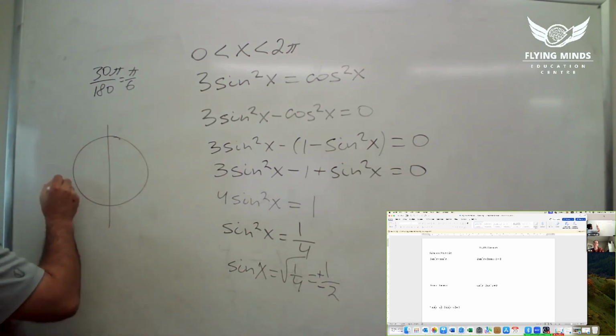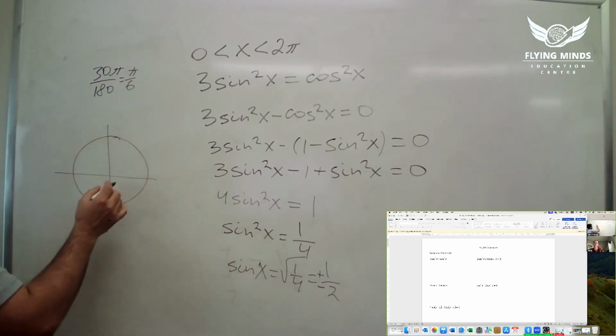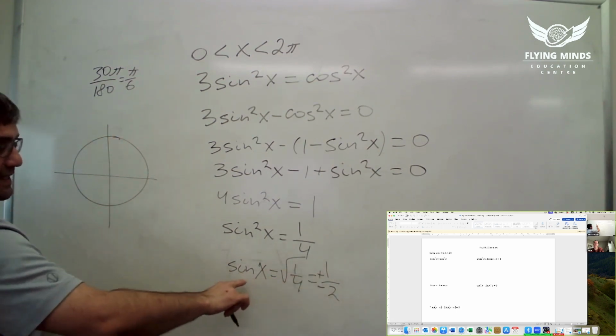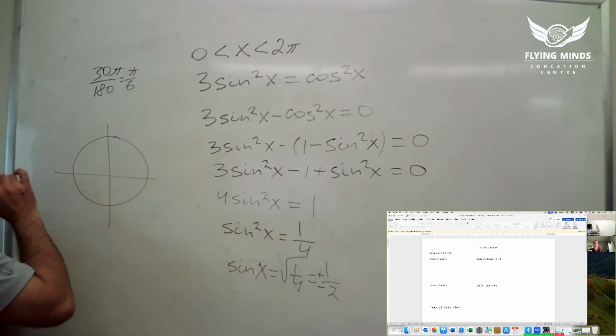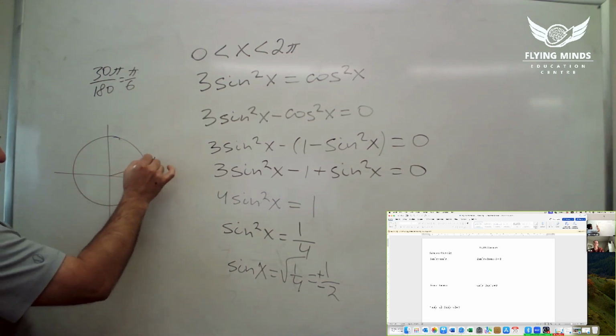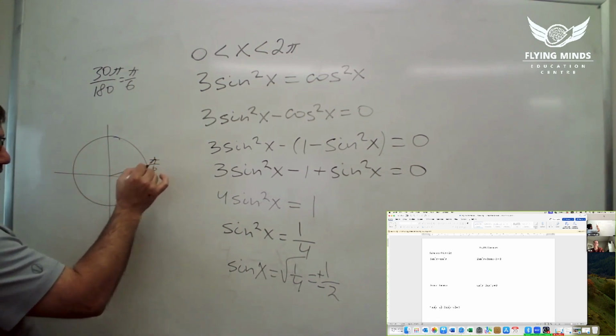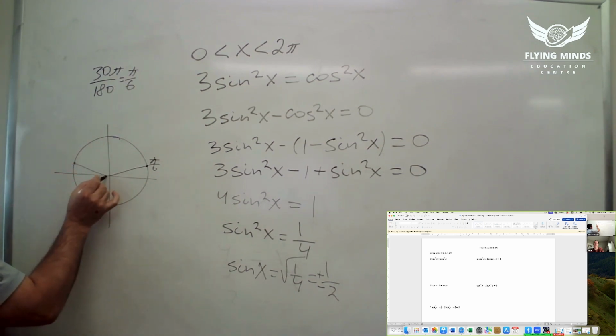So now we have to think, on this circle, where sine equals plus or minus half. We said this is pi over 6. It will be here, right, in the second quadrant.